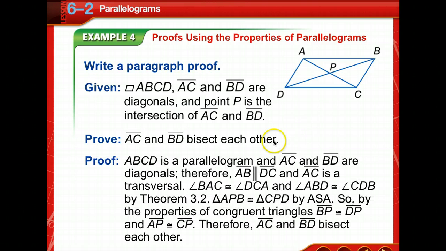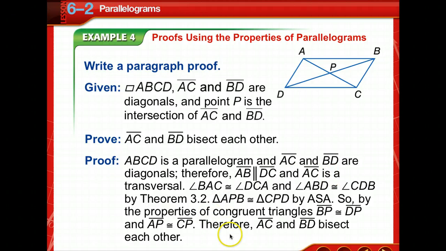Okay. So what do we notice here? We're given that ABCD is a parallelogram. We're given that AC and BD are diagonals. Oh, so because they're diagonals in a parallelogram, we can say that AB is parallel to DC. Make a note of that. We didn't know that earlier, except through the theorem. AB is parallel to DC, and AC is the transversal.